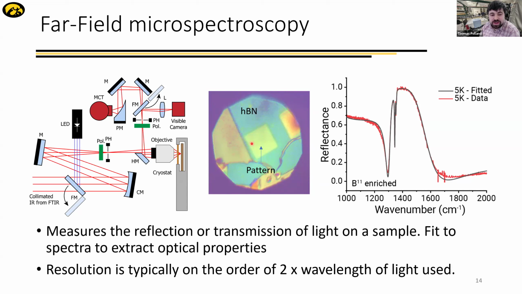In this case, this is transferred onto a patterned surface that we were going to study. We can collect spectra where we use a pinhole to define the area where we are going to study the reflection or transmission of a material. And then we can collect some spectrum, it looks like this. And by doing some nonlinear least squares fitting to this spectrum, we can then extract out optical constants, which we can use for different things and tell us about the properties of the material.